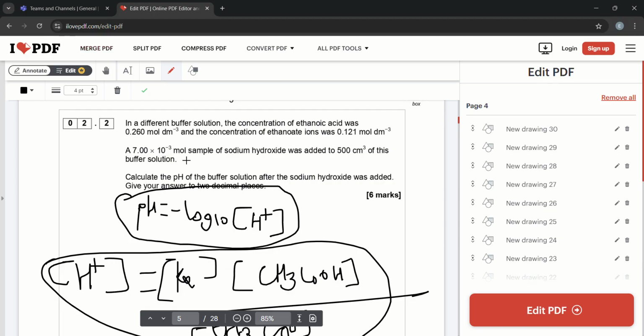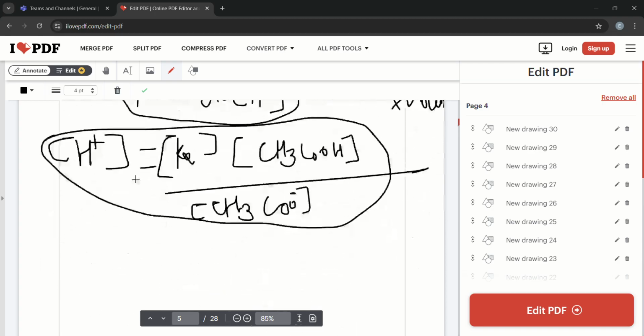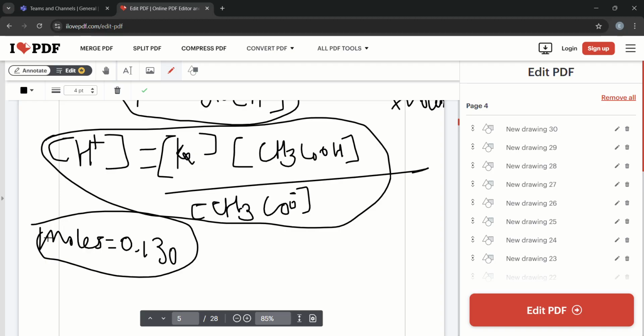There we go. We know moles is equal to concentration times volume, and if you do that for the ethanoic acid, you get moles equal to 0.130. Well, I got 0.13, so 0.13.